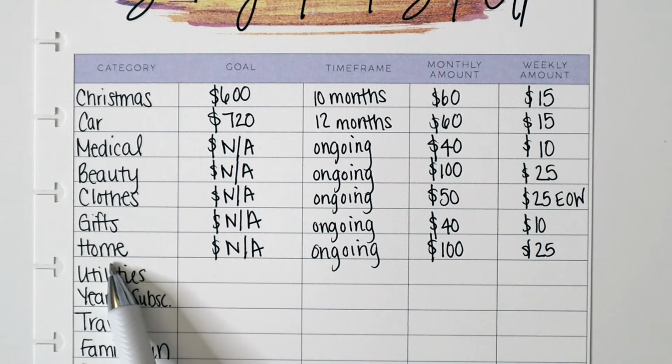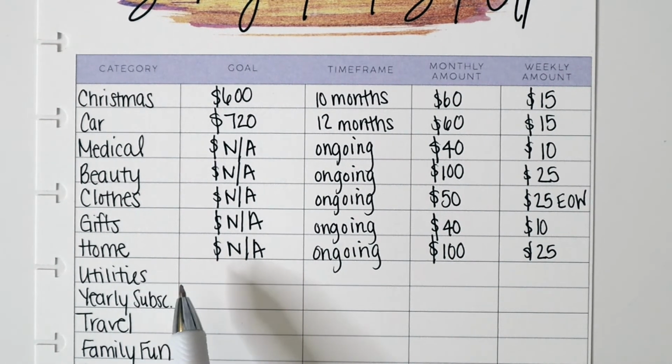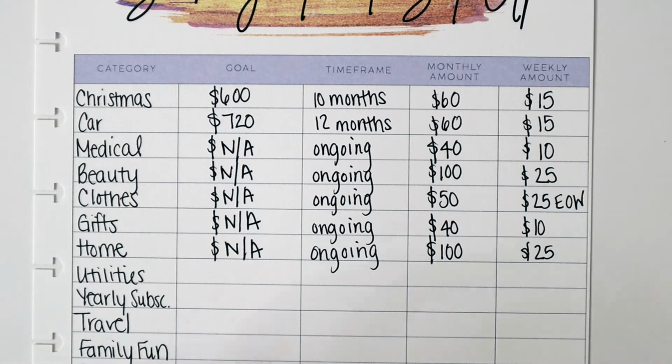So the home fund will be for those small home emergencies that we have, but also for landscaping needs, oil for our lawnmower, any new blades that we need. It'll all come from this home sinking fund.